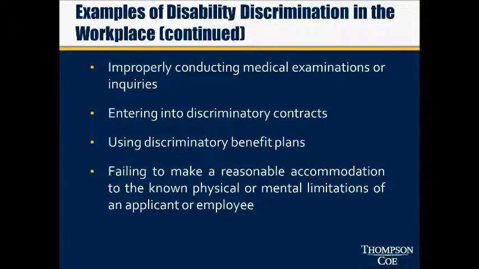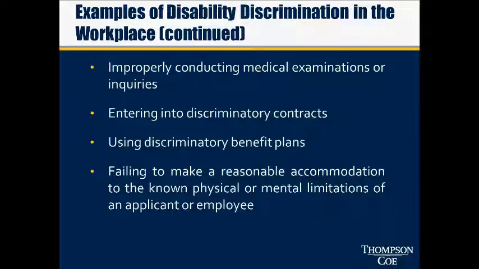The examples also include improperly conducting medical examinations or inquiries, which we'll get into a bit later, and entering into discriminatory contracts, which could frequently arise with employment agencies. Employment agencies may not honor any discriminatory employer preferences. That would also qualify as a violation of the ADA.